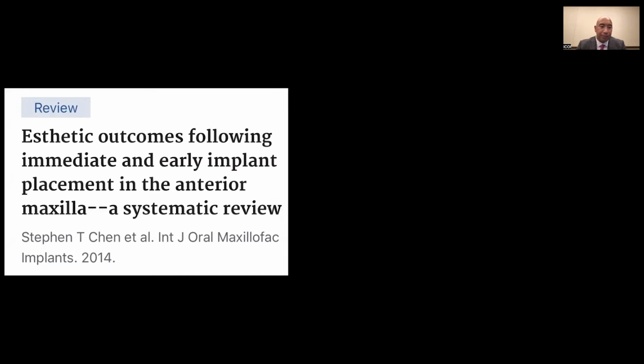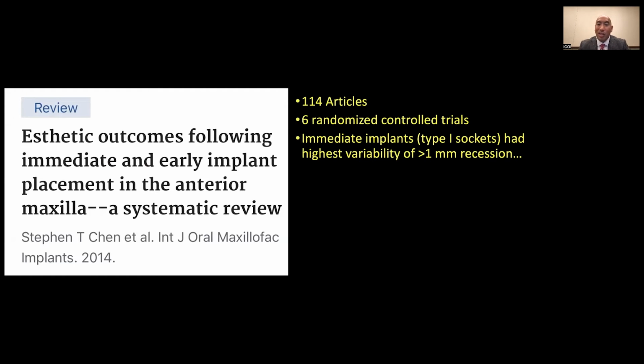So when you look at immediate implants versus early placement of implants, how likely are you to get recession on those cases? So this paper, also from Stephen Chen and company in 2014, they looked at 114 articles, and what was interesting about this paper is that immediate implants in type 1 sockets had the highest variability of recession of 1 millimeter and greater.